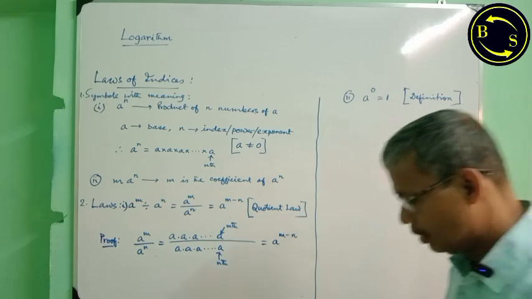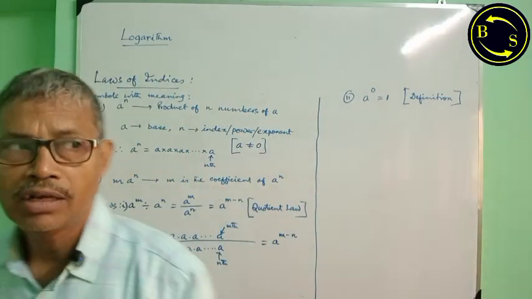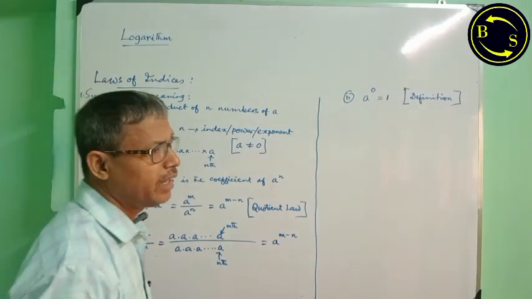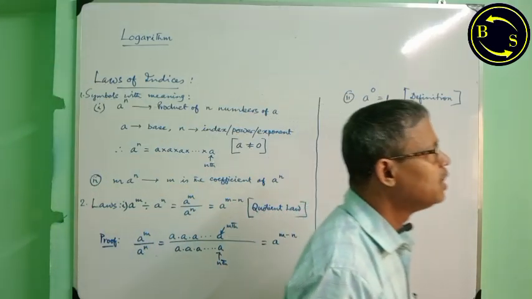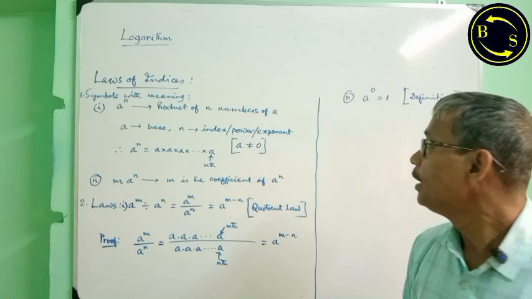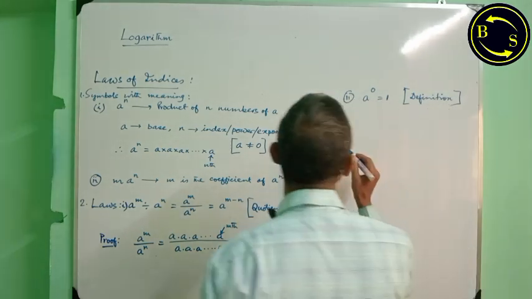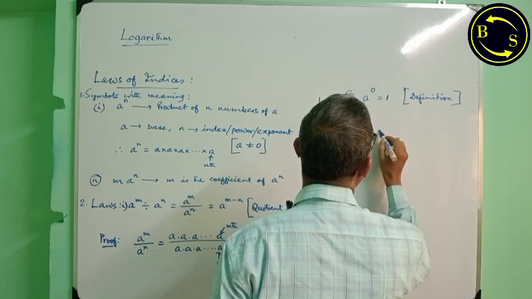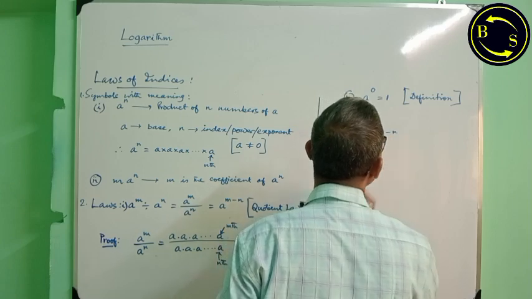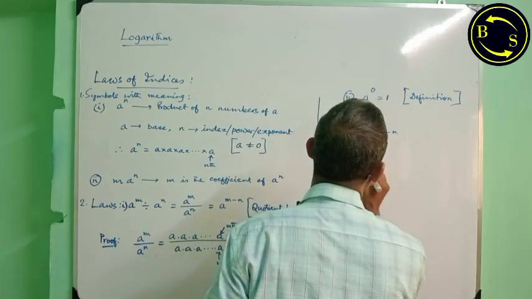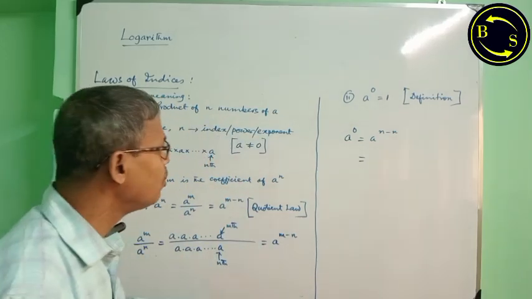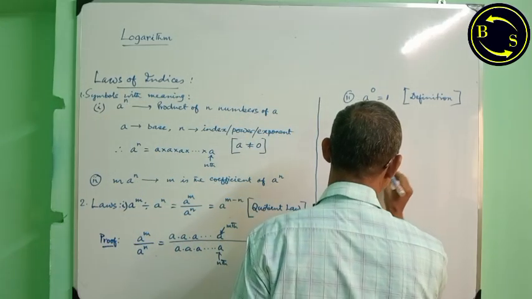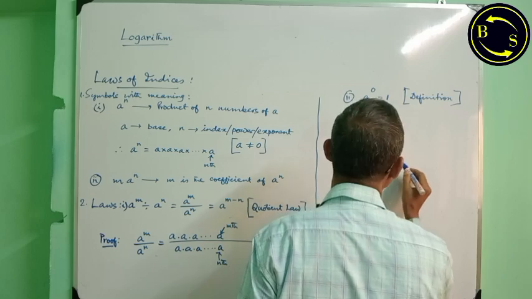Now a to the power 0 equal to 1 is taken to be true as a definition, though we can explain that in case of real numbers, a to the power 0, where a is a real number, can be written as a to the power n minus n. Now, as per this quotient law, it will be a^n by a^n.